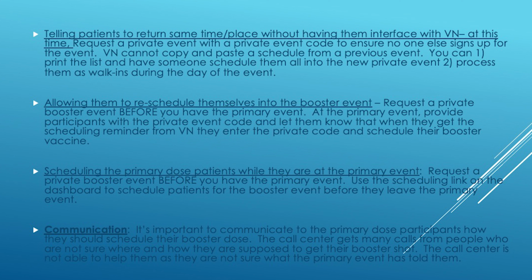Another system some people are using is allowing the person to reschedule themselves into the booster event. If that's the case, again, you can do a private event. You can give everybody the code while they're at their primary event, and you can say, hey, you're going to get a booster scheduling notification. When you get that, here's your private code to put in and schedule that event.